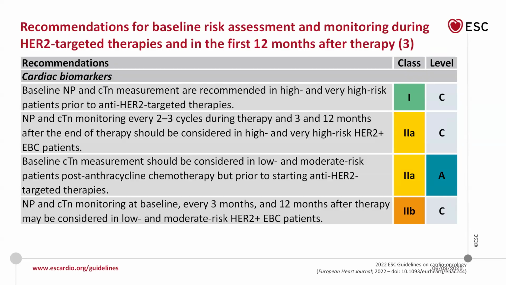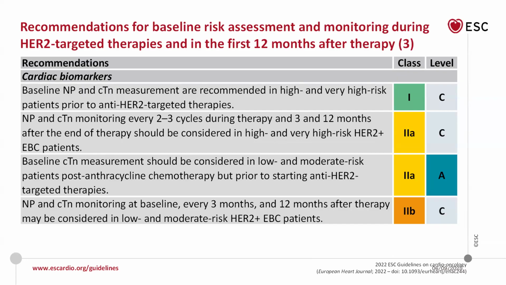And this is recommended for all patients with a class 1 indication. Natriuretic peptide and troponin monitoring every 2 to 3 cycles during therapy, and then 3 and 12 months after the end of therapy should be considered in high and very high risk patients with HER2 positive early breast cancer.